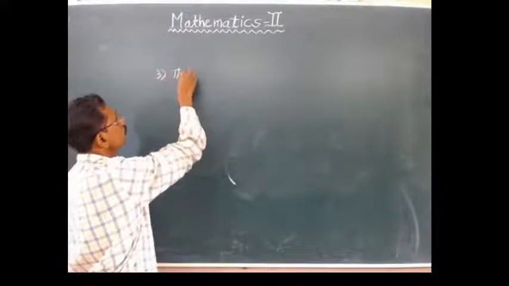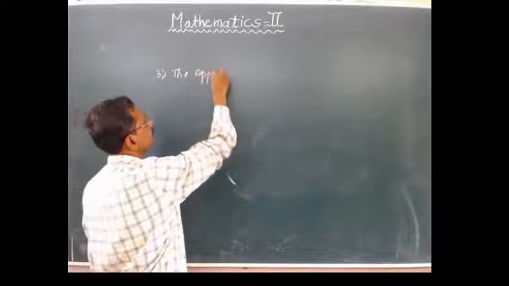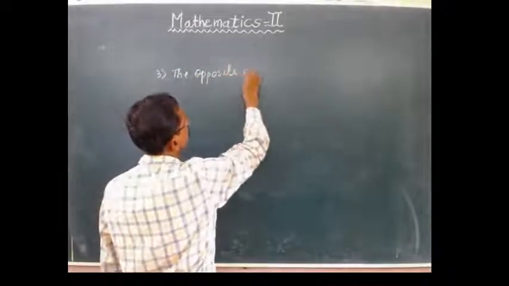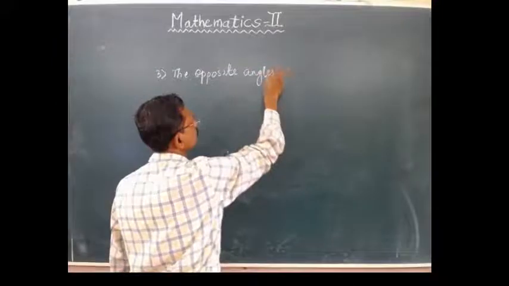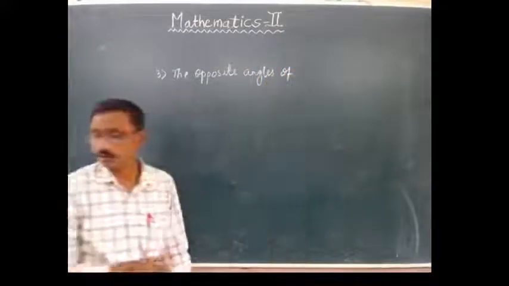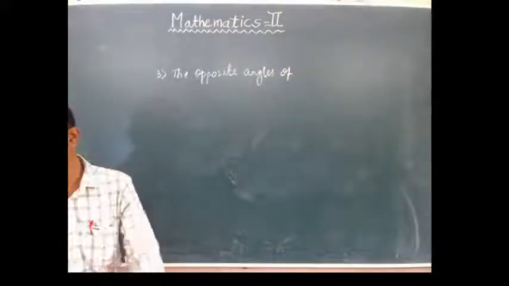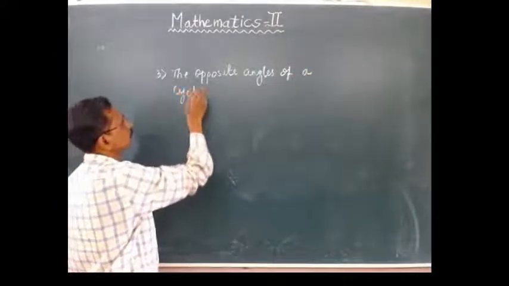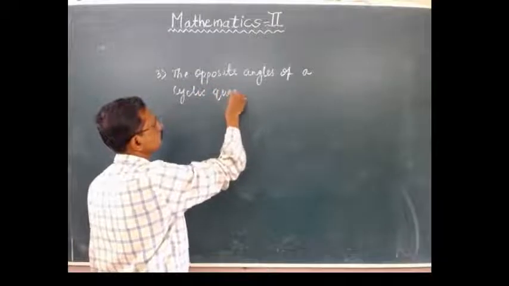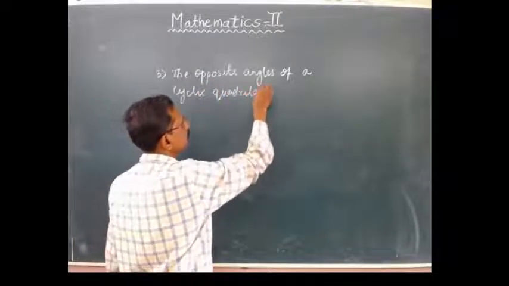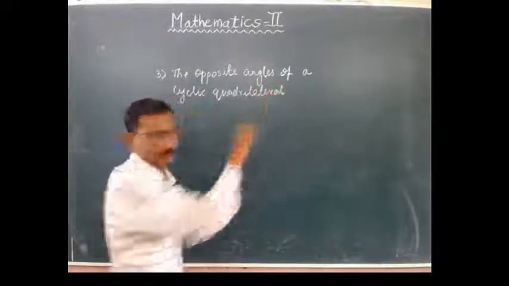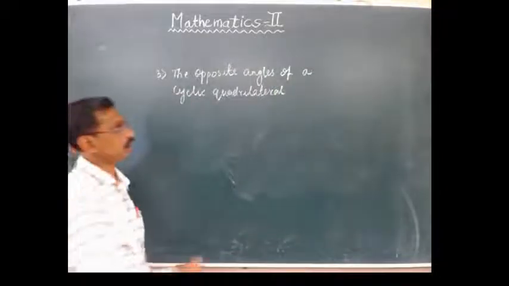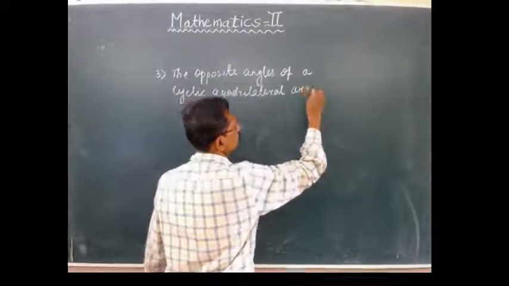The opposite angles of a cyclic quadrilateral are dash.